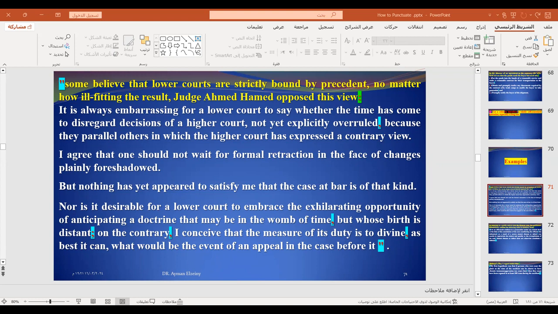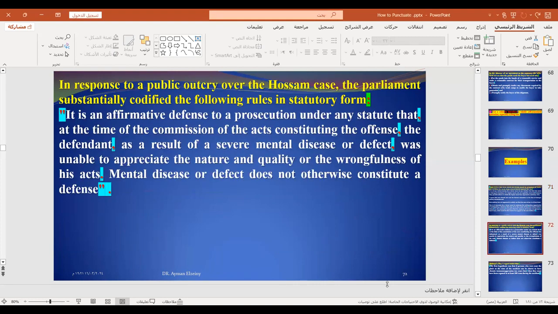Right? Another example, if we want to write: in response to public outcry over the Hussam case, the legislature substantially codified the following rules in statutory form.